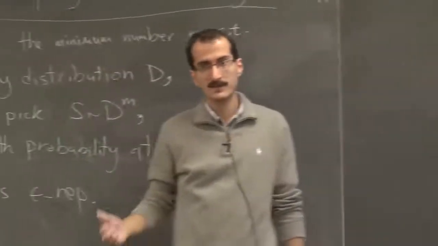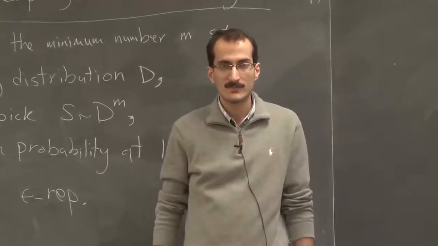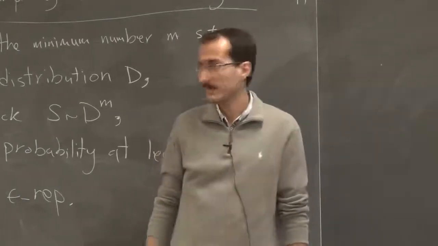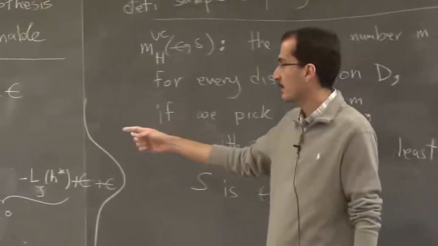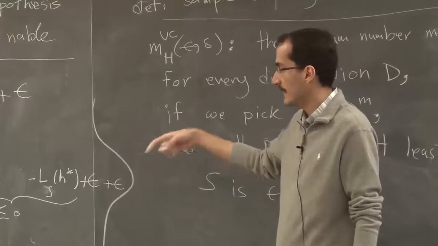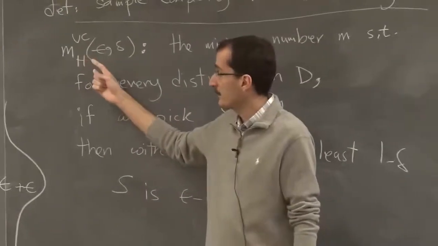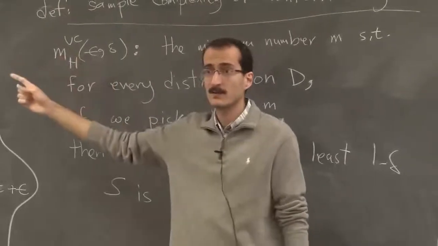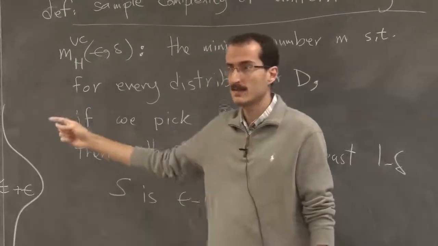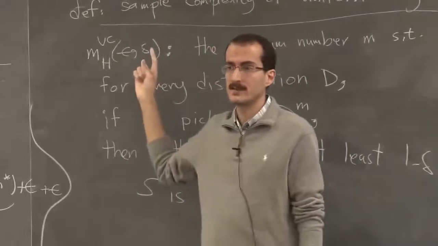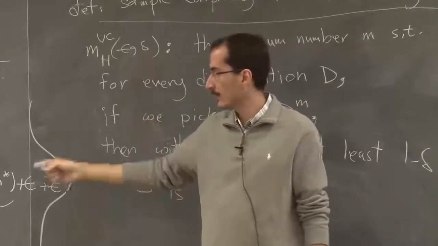Also, there is another difference. So based on this lemma, we can somehow say that if we have uniform convergence, then we have agnostic learning. Because if we have uniform convergence, then ERM will work based on this.